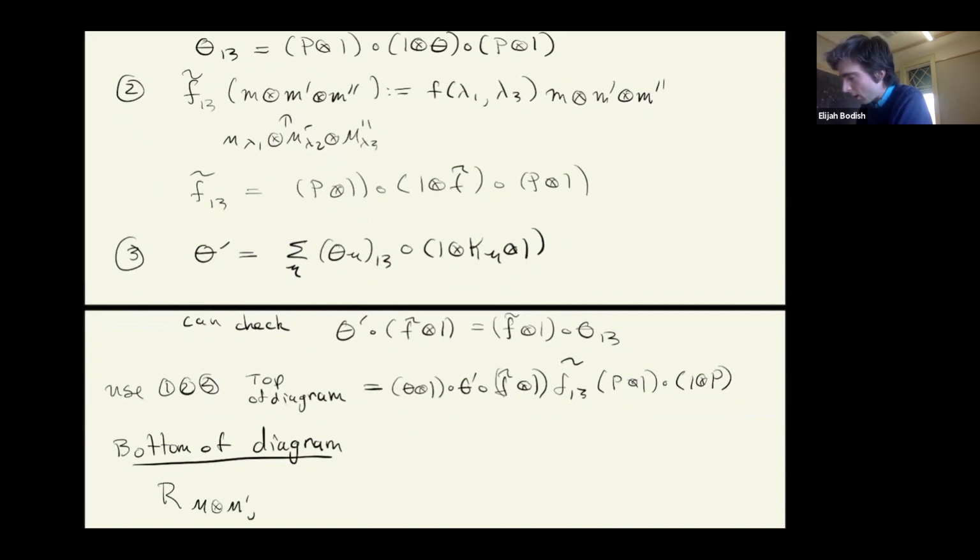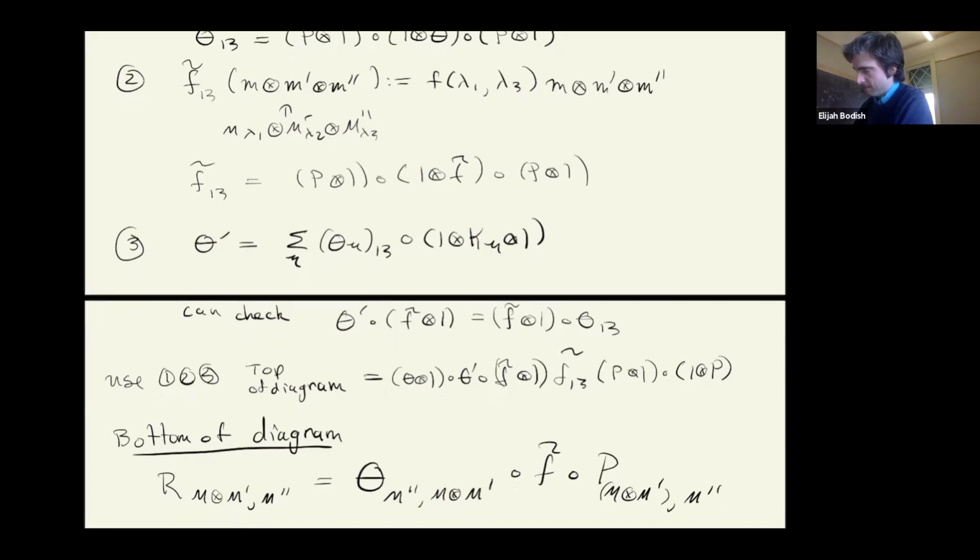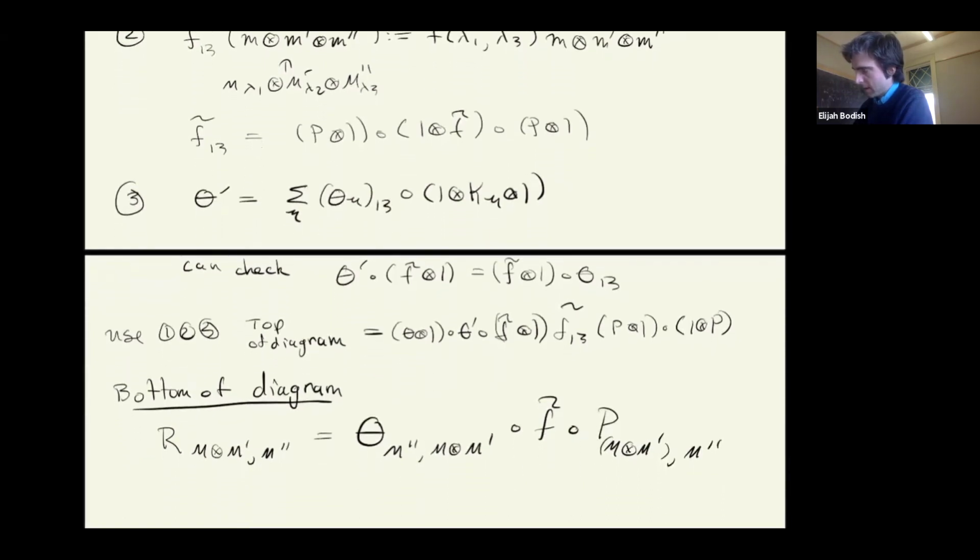We need to look at R_{M⊗M', M''}, and that's Θ_{M'', M⊗M'} of f̃ of p, and here this p swaps. I treat the first two factors on their own, and then M''.